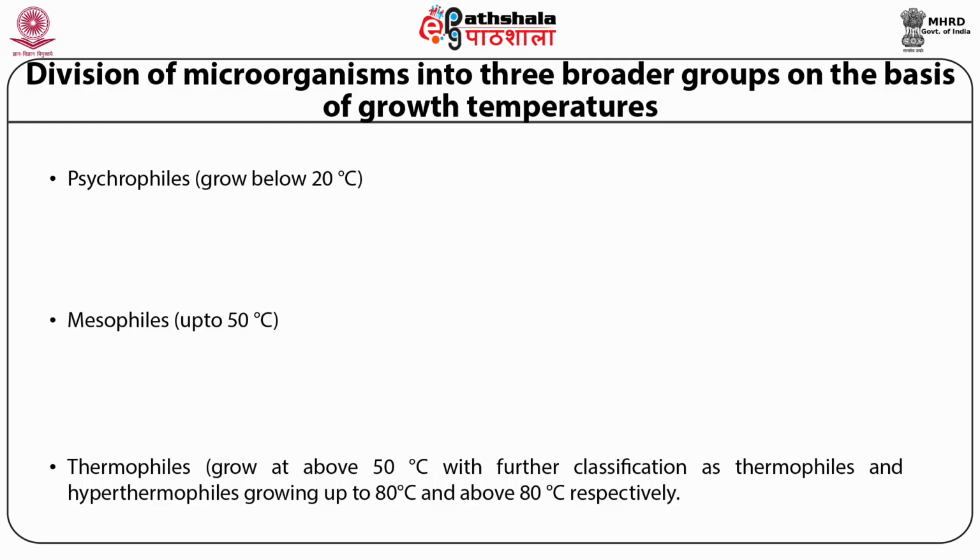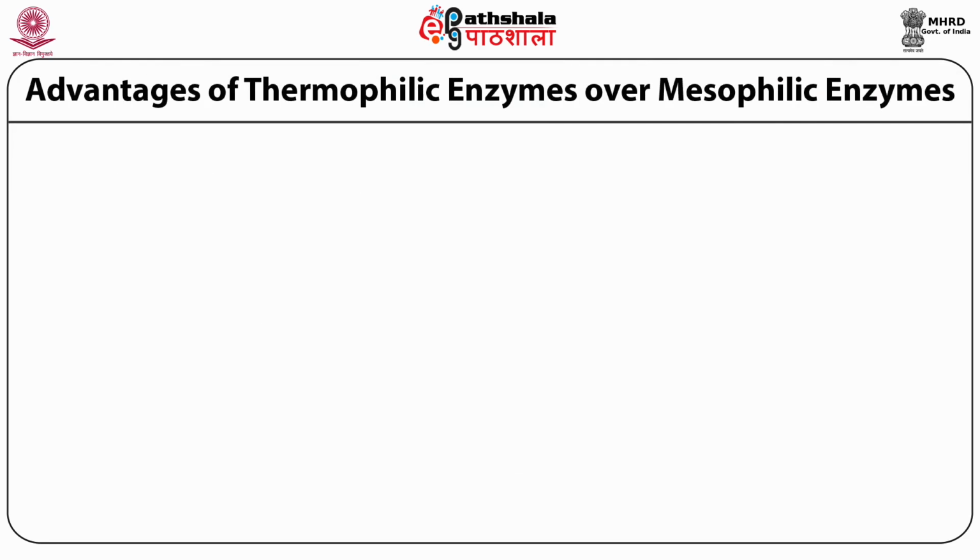The organisms which can grow above 50 degrees and up to 80 degrees are normally called thermophiles, whereas organisms which grow above 80 degrees are called hyperthermophiles. Now, we will be discussing thermophilic enzymes in a little more detail.